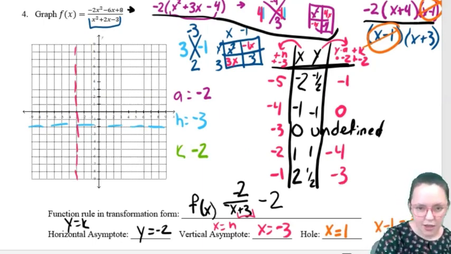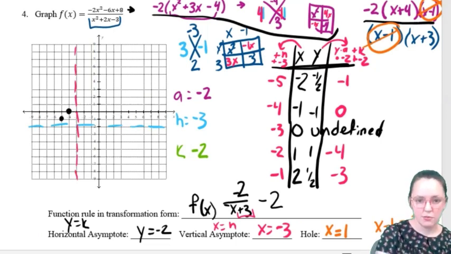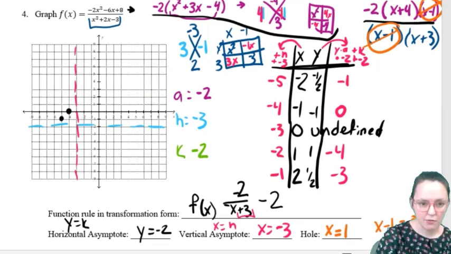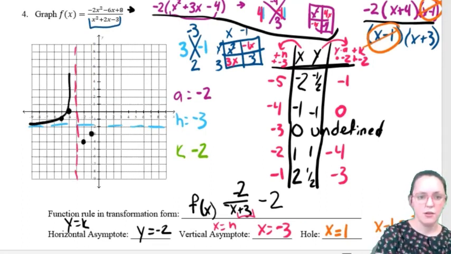So we have -5, -1. So we're down here. -4, 0. -3 is our asymptote, which is right. We did great. -2, we have a point at -4. And -1, -3. So we can go ahead and connect these up right here like this to get our two swoops, our two curves.